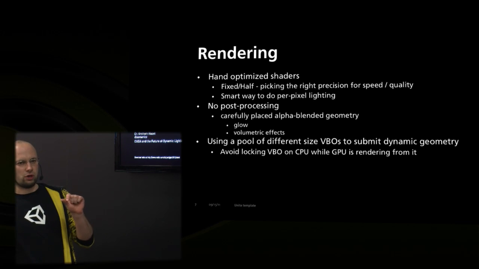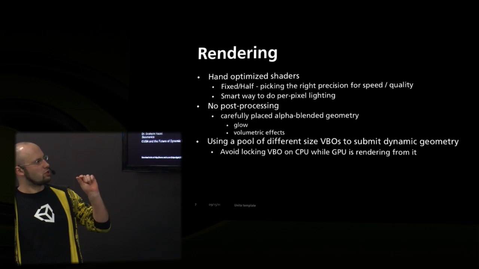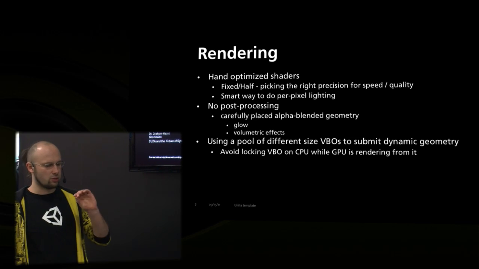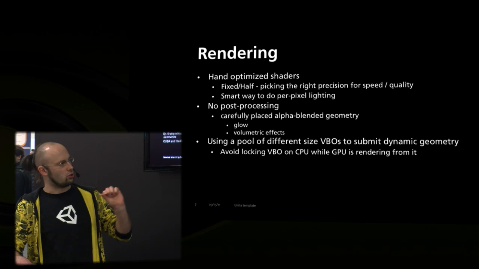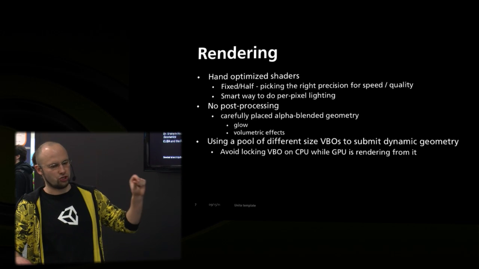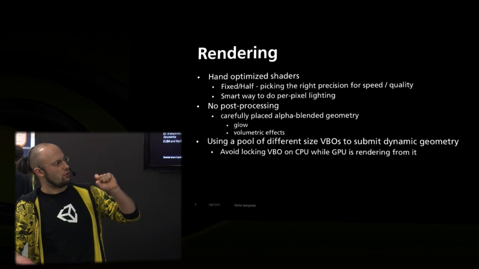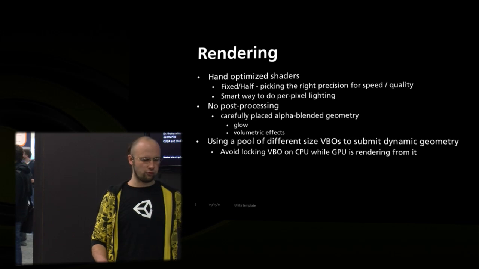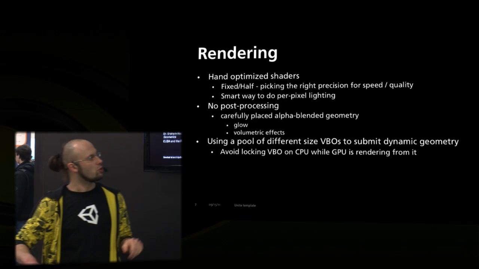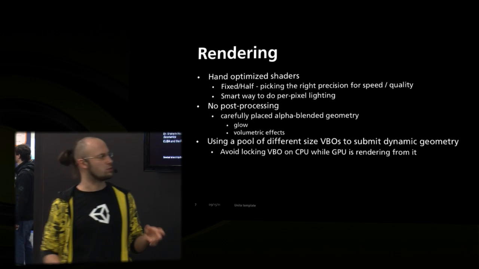Sometimes that can give you bad visual quality, so then you go a little bit up from that. It takes a little experimentation, but it's very important to understand how to use precisions, because using full float precision versus fixed precision can give you almost 4 times difference.